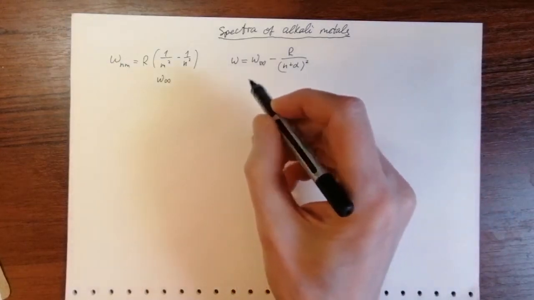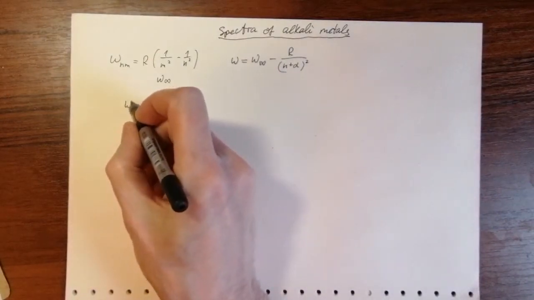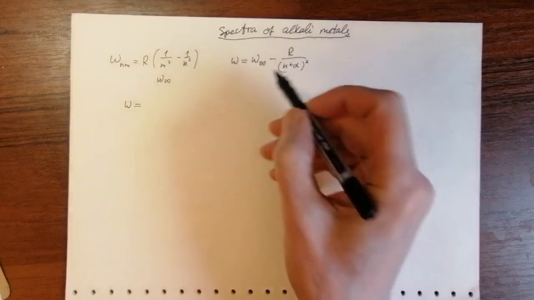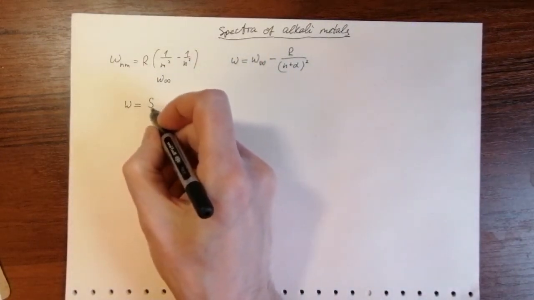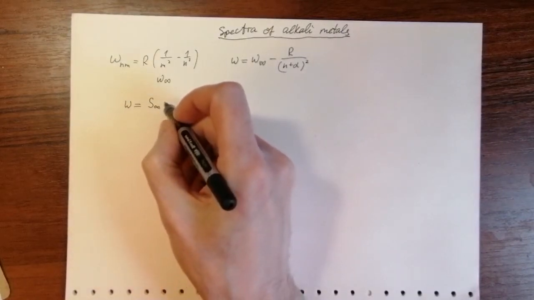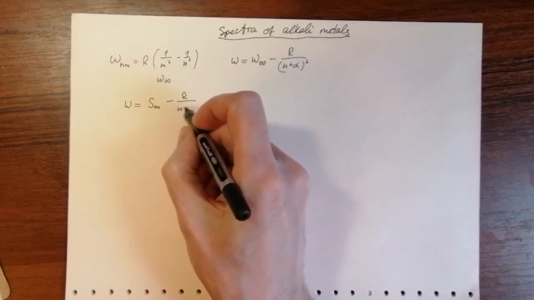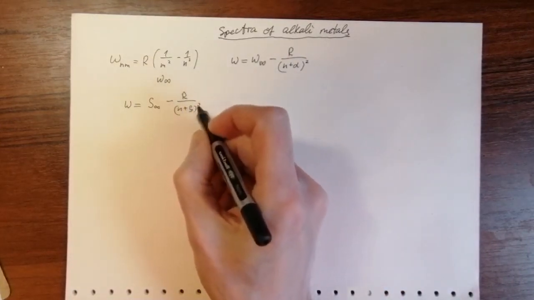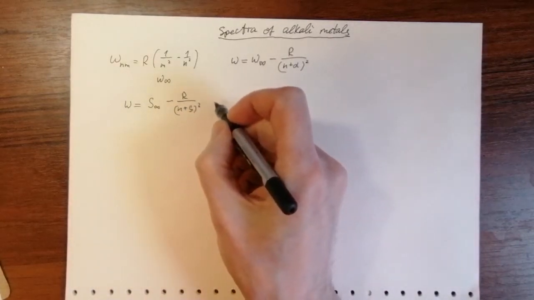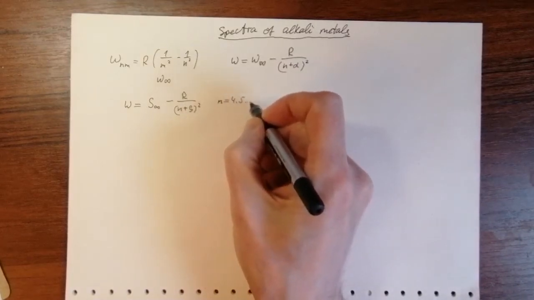For example, for the S series, the sharp series, we denote omega infinity as S infinity, and we have omega equal to S infinity minus R divided by n plus s squared, where n is 4, 5, and so on.